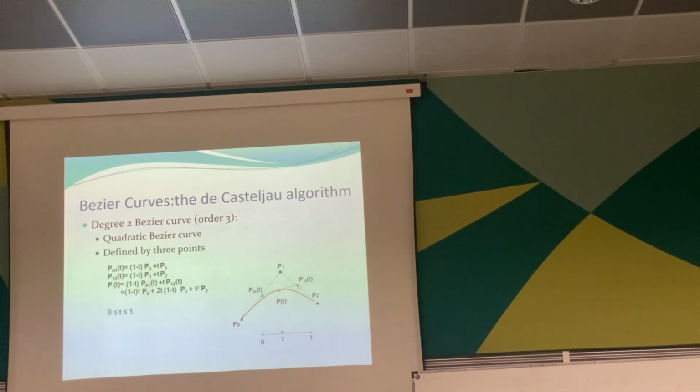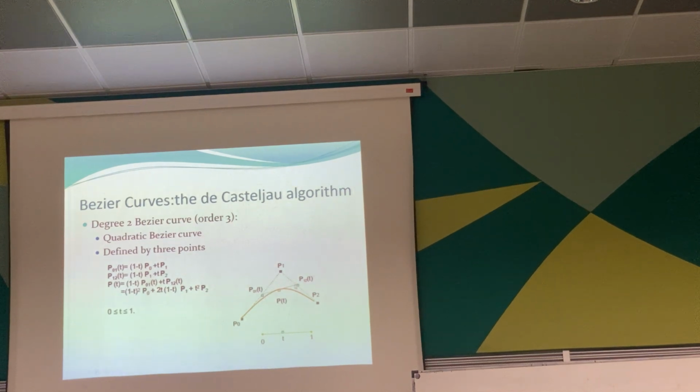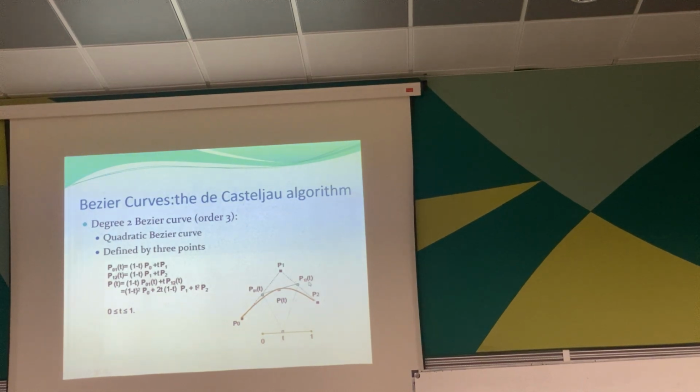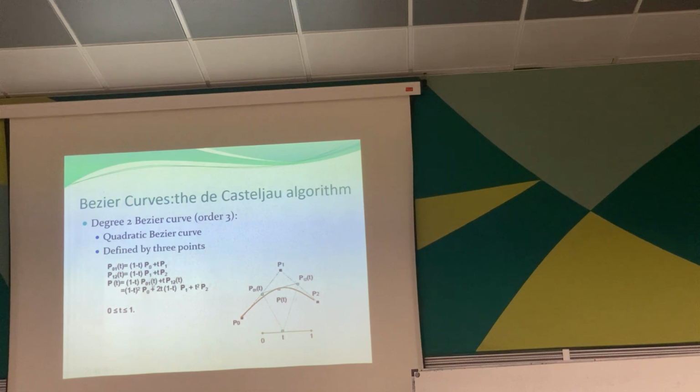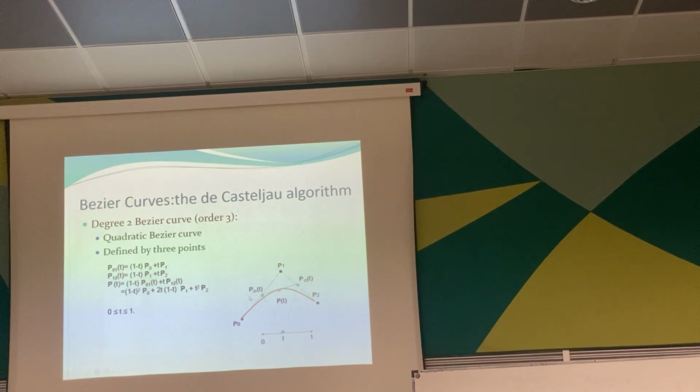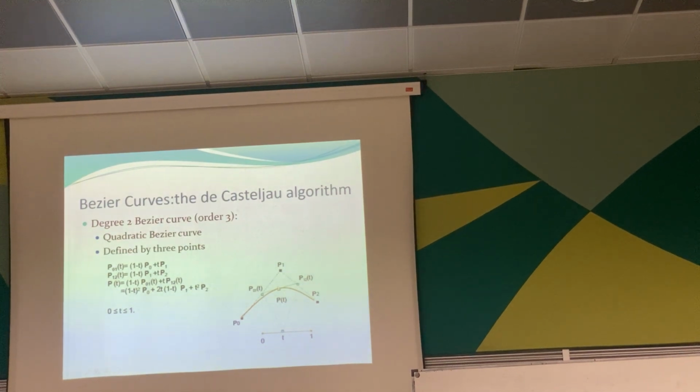Then to get the point P(t), one more interpolation between P01 and P12: 1 minus t of P01 plus t of P12. If you break it down, that is 2 interpolations first, then 1 more, and then you get the point at time t.